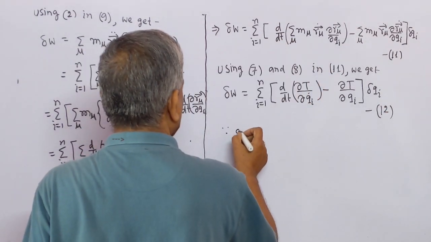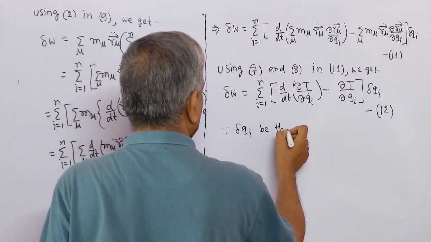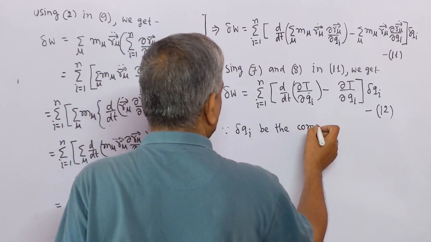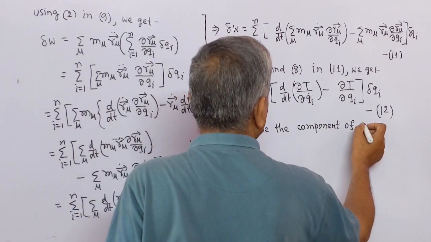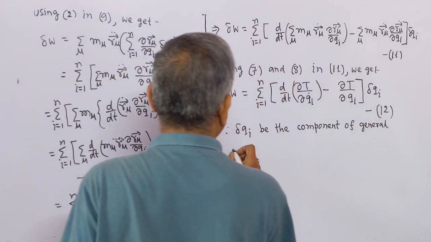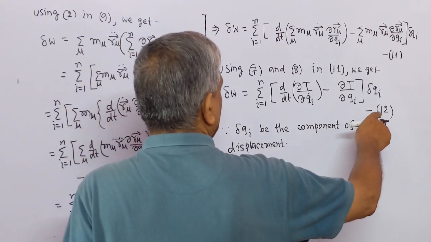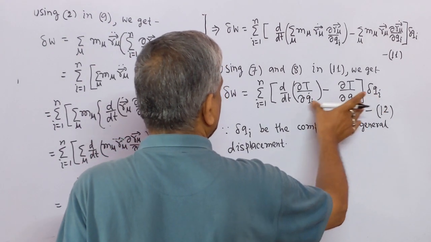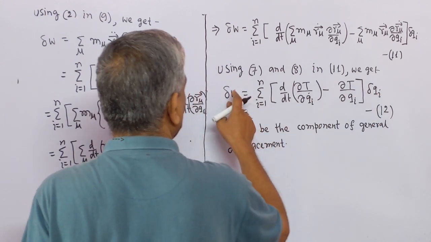Since delta qi be the component of general displacement, so this is the displacement and this is the force. Force multiplied displacement is the work done.